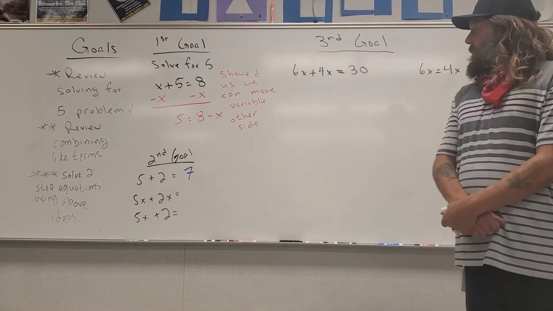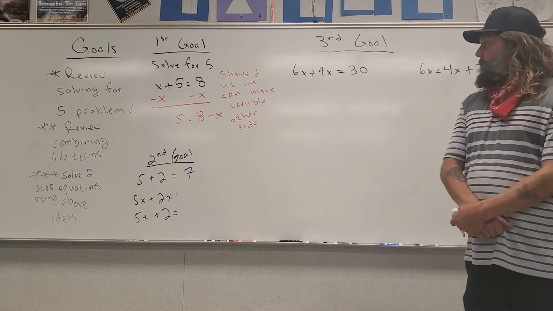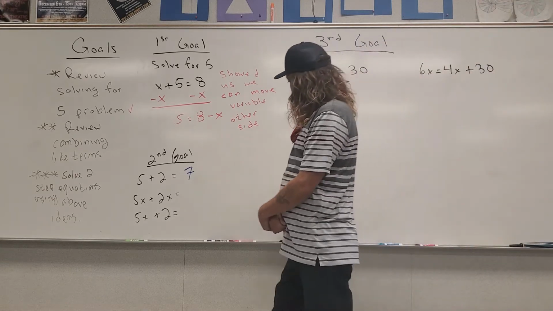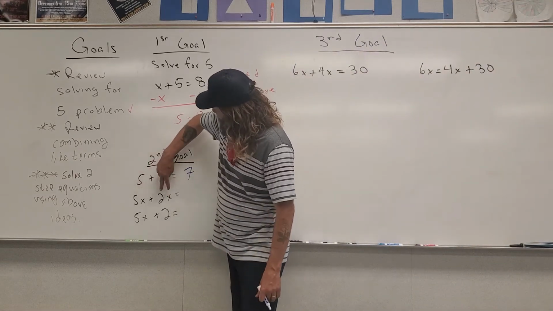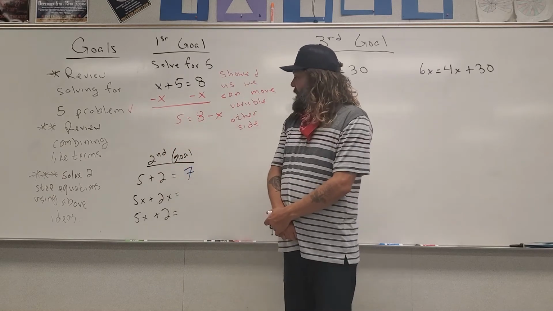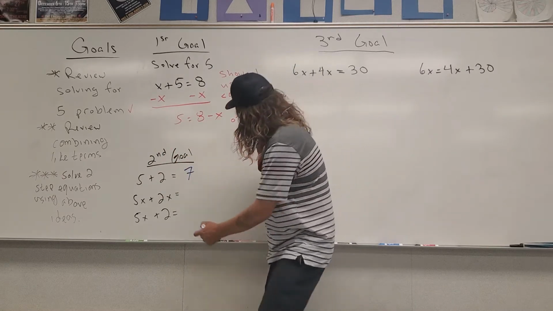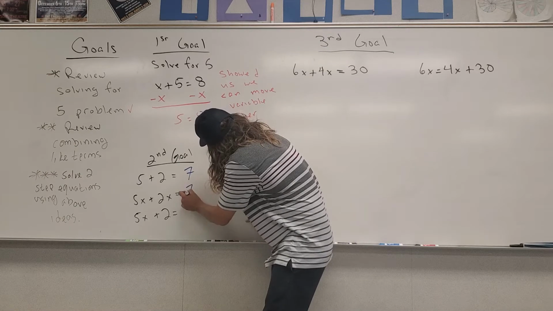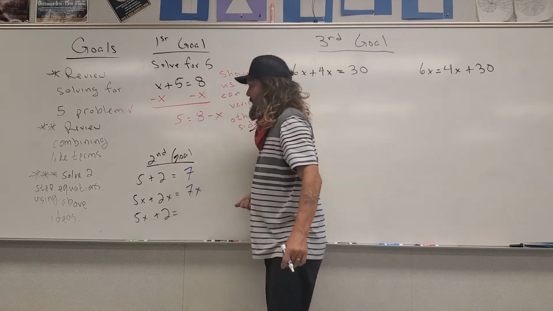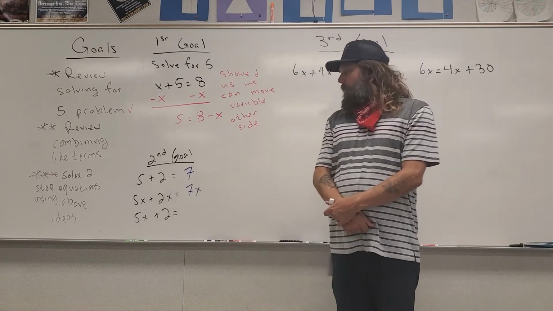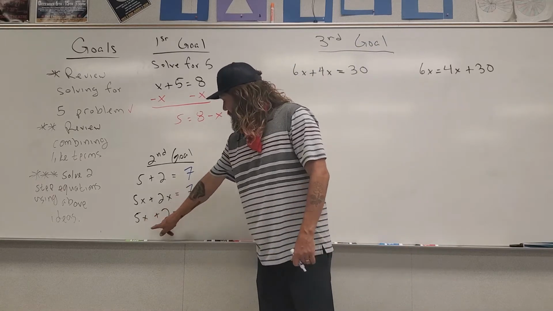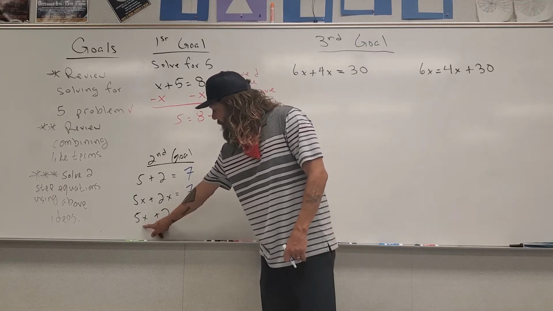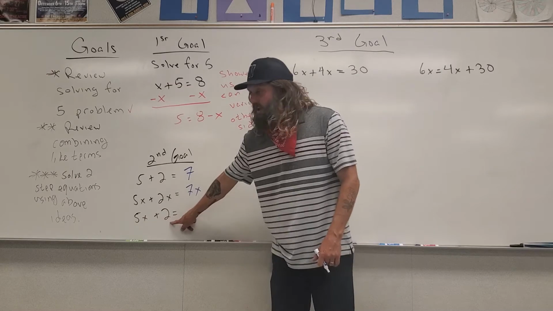My next problem is 5x plus 2x. These are also like terms. They have the same elements. So I can put my 5x together with my 2x, and I can have 7x. Now, the last problem, these are not like terms. The 5 has the x, the 2 does not.